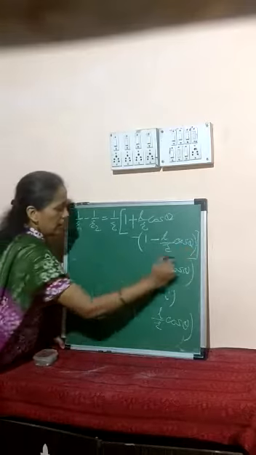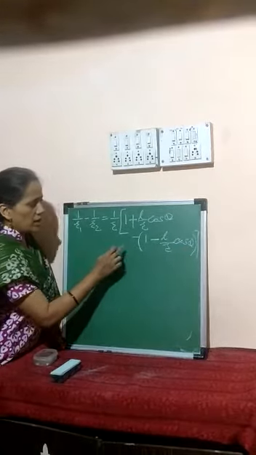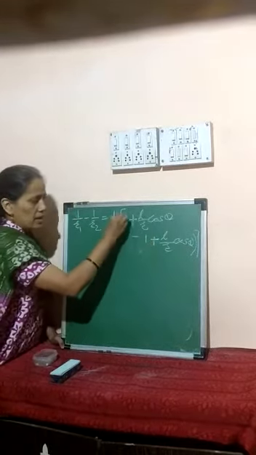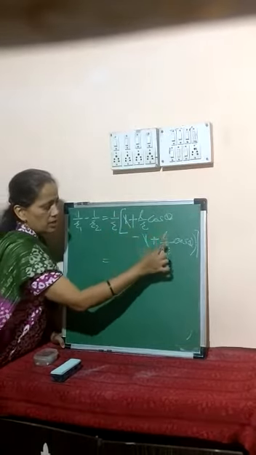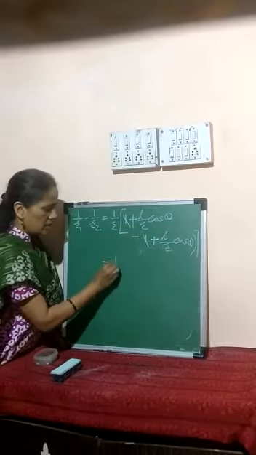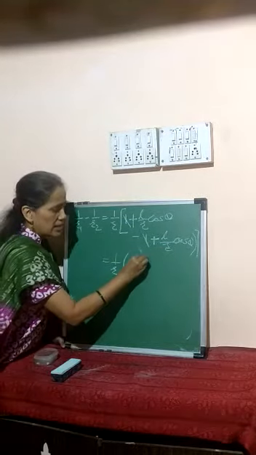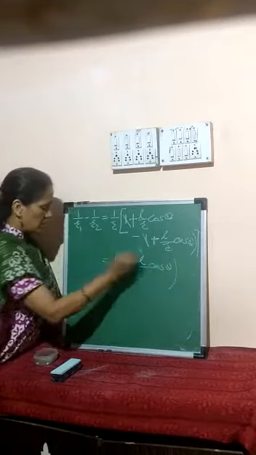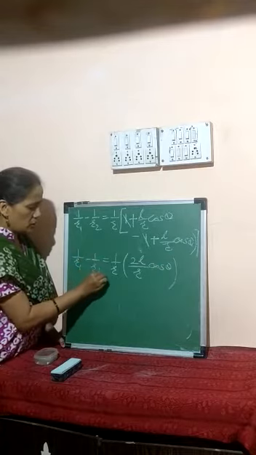So now if I open the bracket, 1 minus 1 will get cancelled, L by R cos theta plus L by R cos theta, so it will become 1 by R into bracket twice L upon R cos of theta, which is nothing but your 1 by R1 minus 1 by R2.